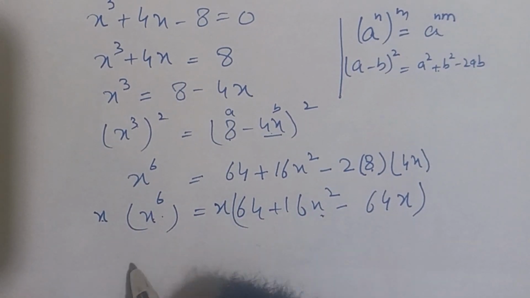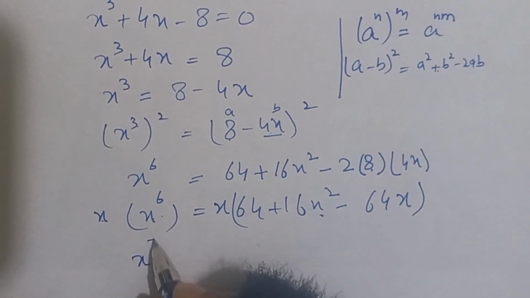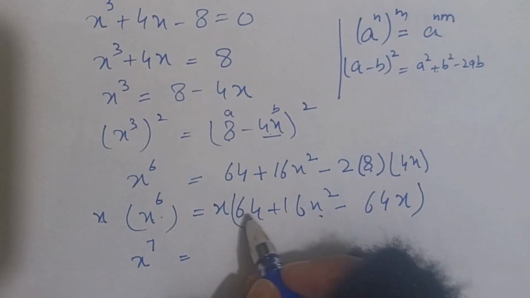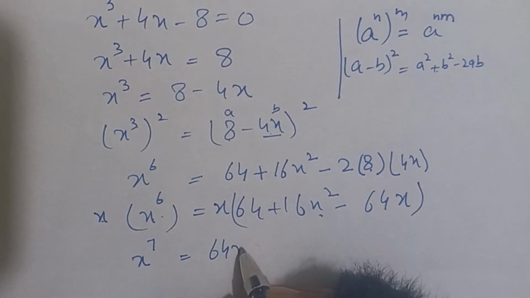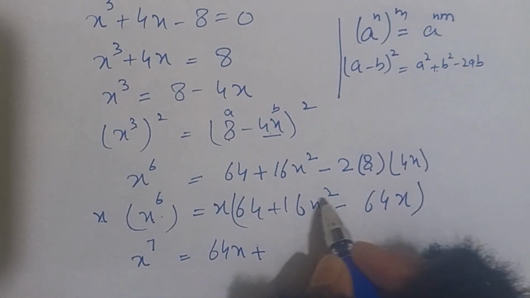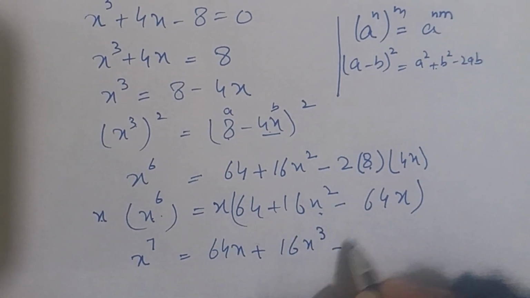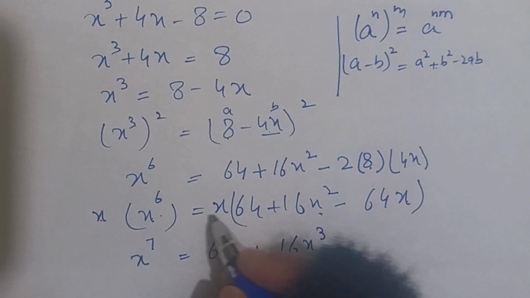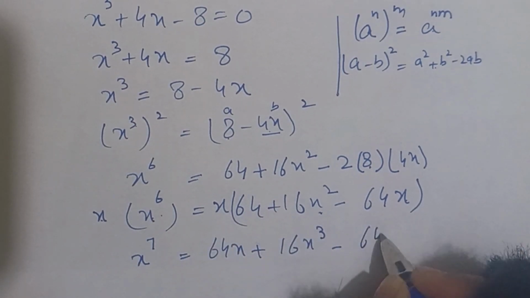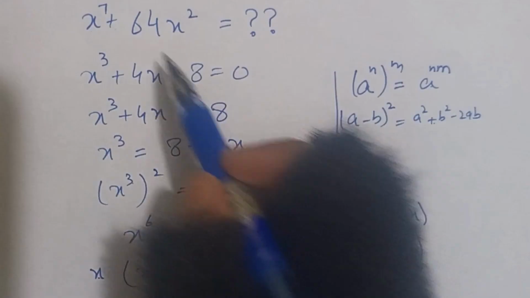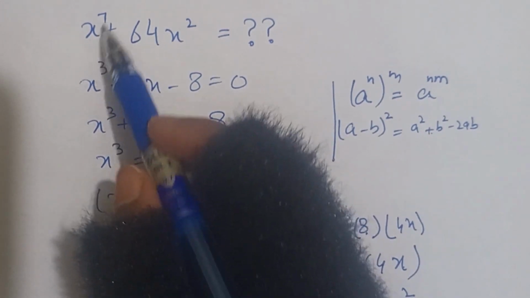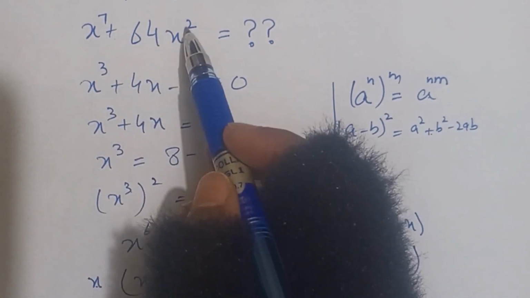So this will become x raised to the power 7, and now multiplying 64 by x we get 64x, plus multiplying 16x square by x we get 16x cube, minus multiplying 64x by x we get minus 64x square. Now we find the value of x raised to the power 7 plus 64x square.